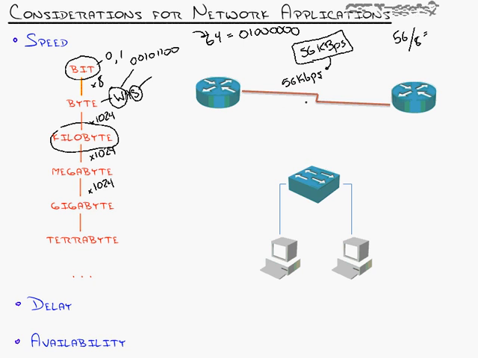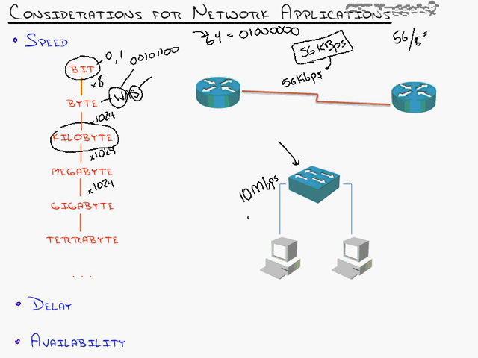Now, when we move into the types of connection, usually our LAN links, pictured here, where we've got computers plugged directly into a switch, will be speeds that are considered high speed. We'll say an old one might be 10 megabits per second.